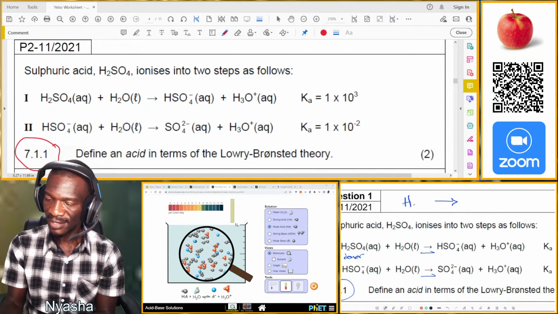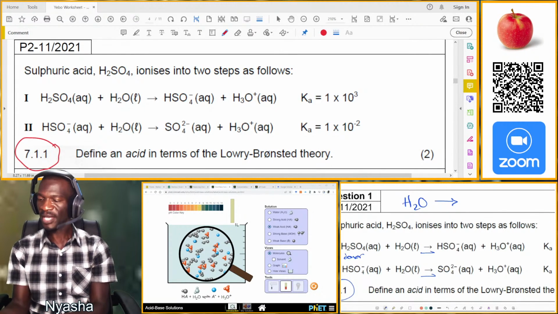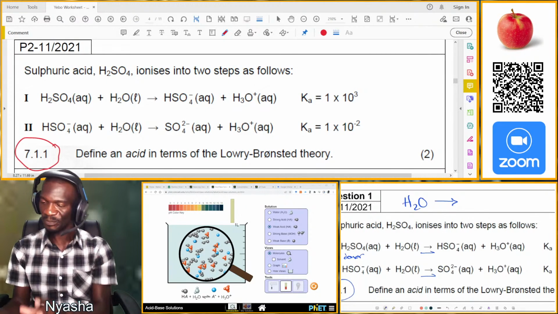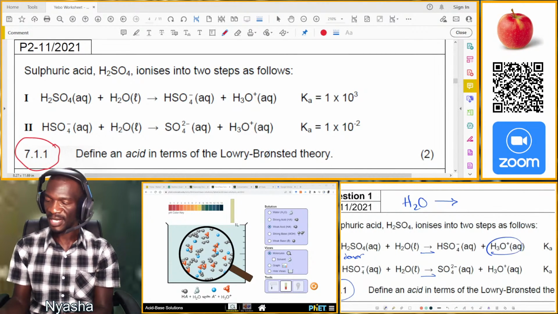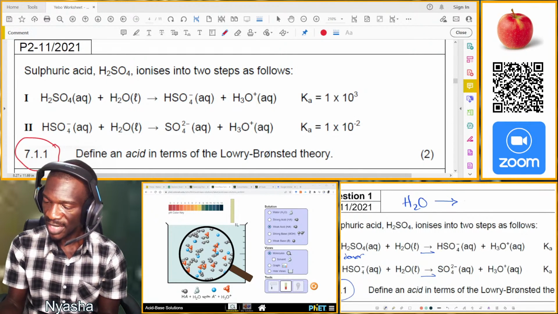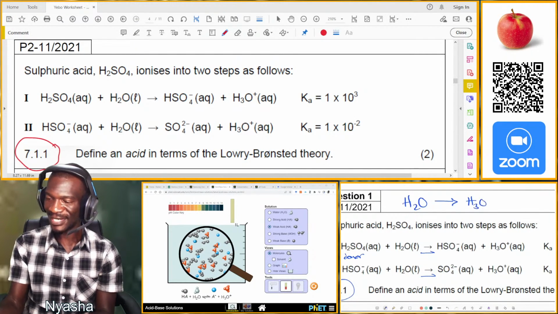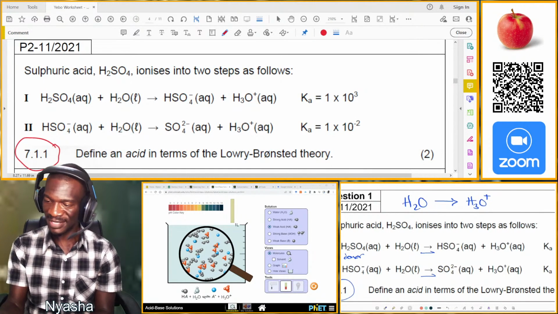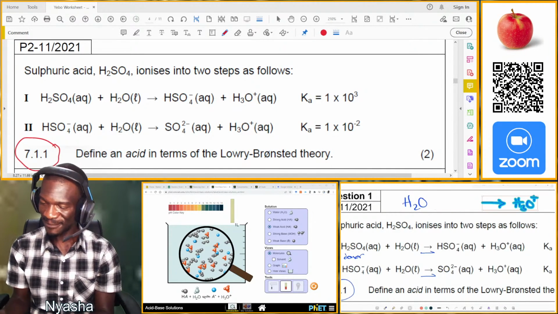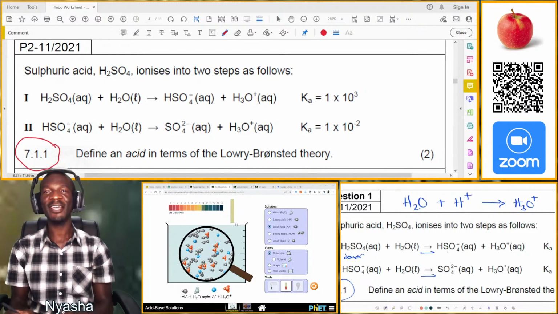Our water has the H2O group, and the other species on the right hand side that includes the water, H2O, is the H3O plus ion. So water becomes H3O plus. And what would have happened? It's obvious that there has to be an additional hydrogen ion.